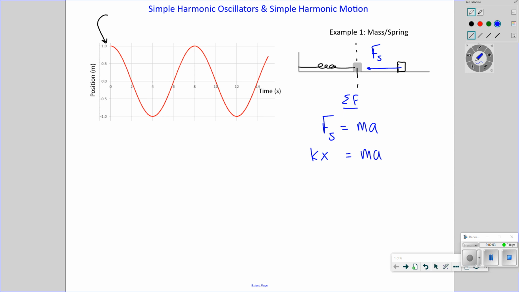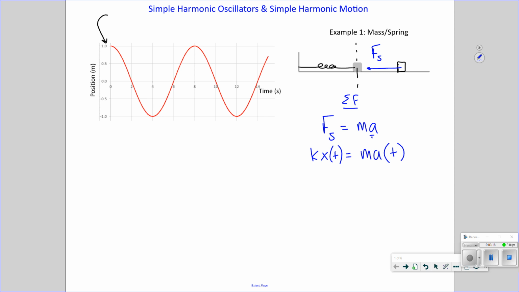The position isn't going to be a single position. The position of this object is going to vary as a function of time. That means the force is going to vary as a function of time, and that means the acceleration is going to vary as a function of time. So position and acceleration are both functions of time.